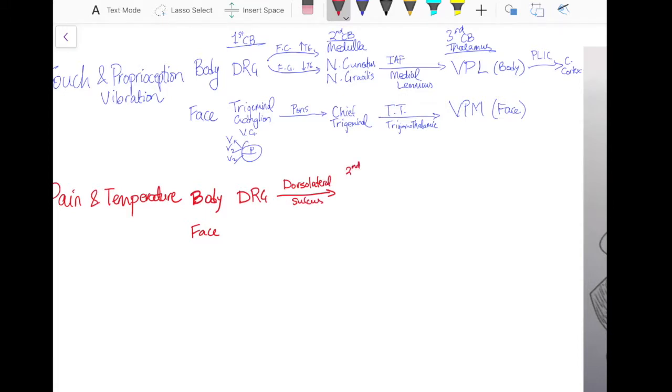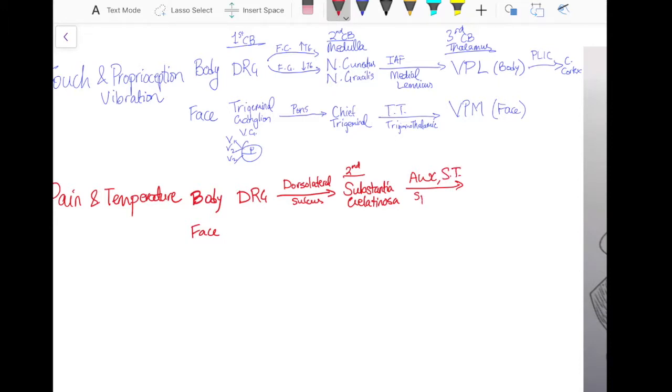Second cell bodies are in the substantia gelatinosa, and that is in the dorsal horn. That will cross over, like I said, always after you synapse, will decussate via the anterior white commissure and will become the spinal thalamic tract.